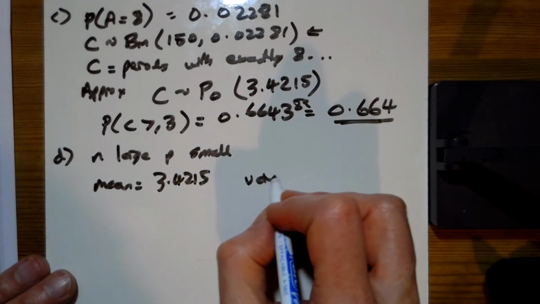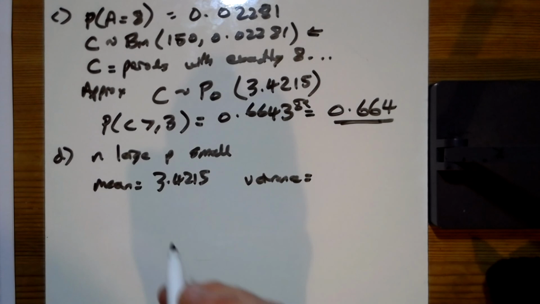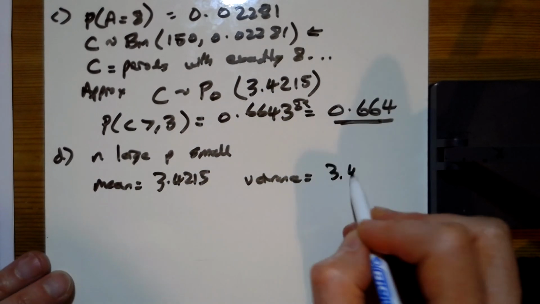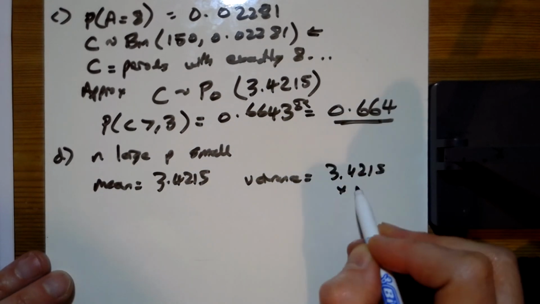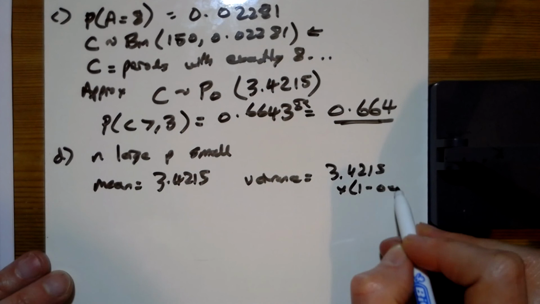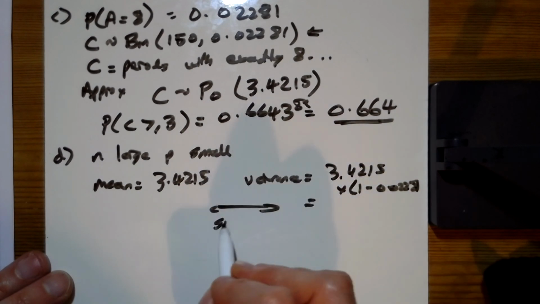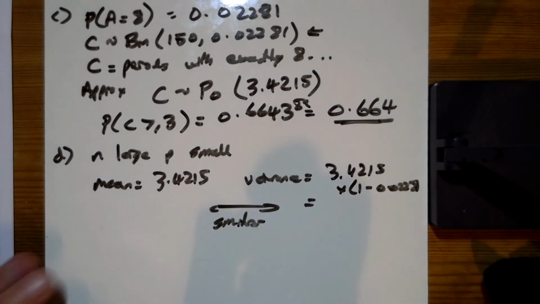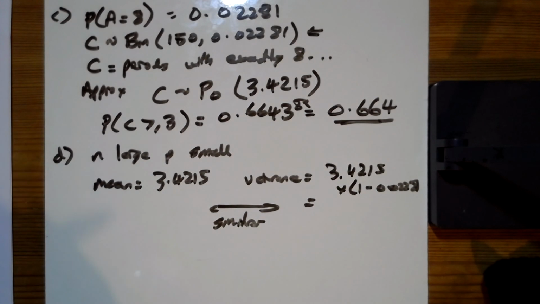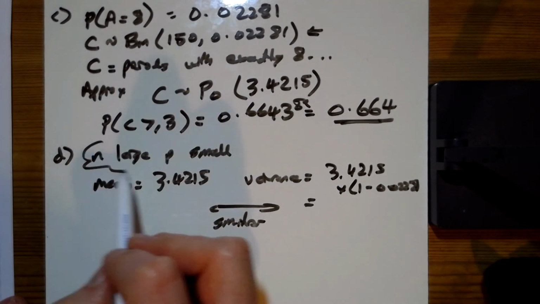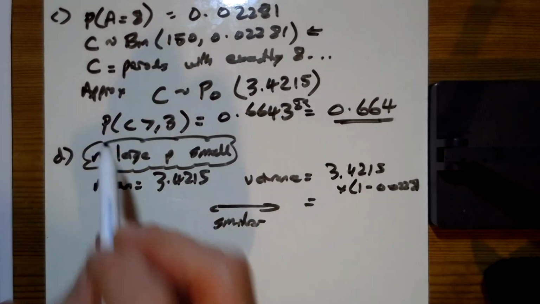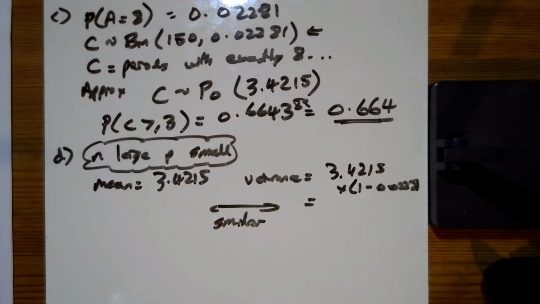And the variance is equal to 3.4215 times 1 minus p, which again is going to be very similar. These are similar. One of the properties of the Poisson was that the mean and the variance would be the same. But really it comes from this, that the n value is large and the p value is very small.